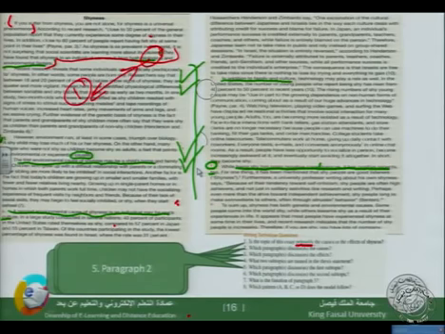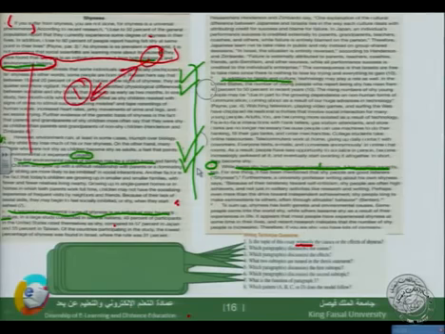So which paragraphs discuss the second subtopic? What is the second subtopic? شو اسمه؟ Environmental factors. Which paragraph talks about the environmental factors? It is paragraph number 4, 5, and paragraph number 6.